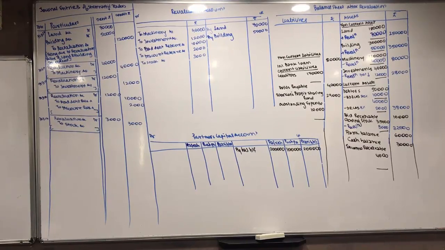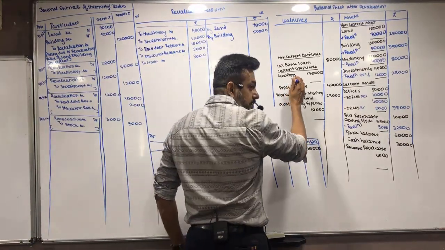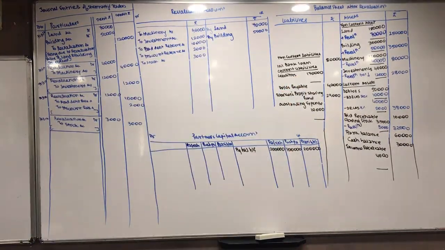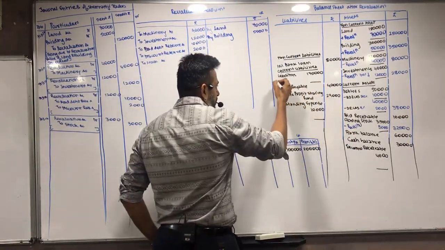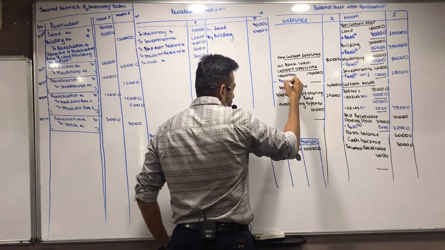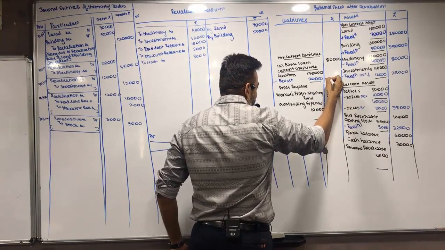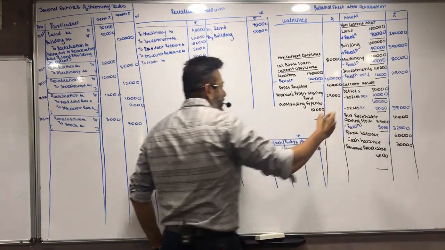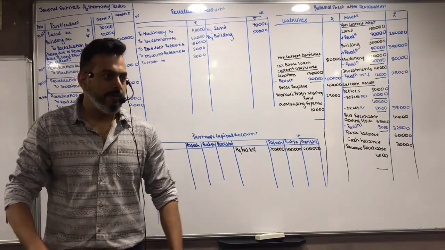In transaction number 6, an amount of 20,000 is not to be paid to our creditors. So out of creditors we will deduct, so minus revaluation 20,000, 1,50,000. Now, is this a loss or a benefit? Benefit.